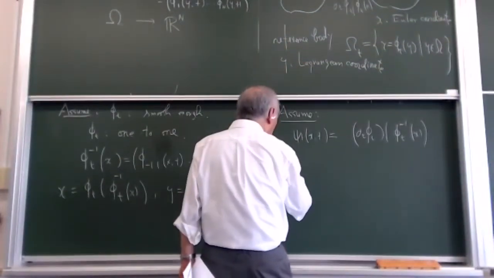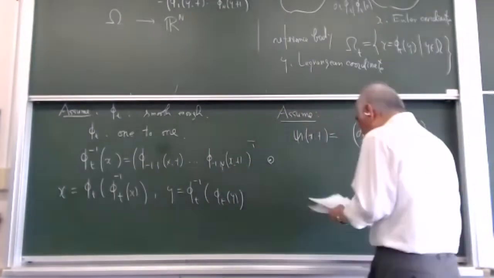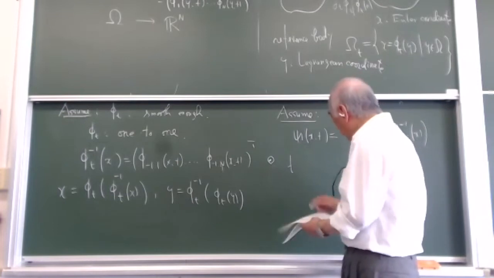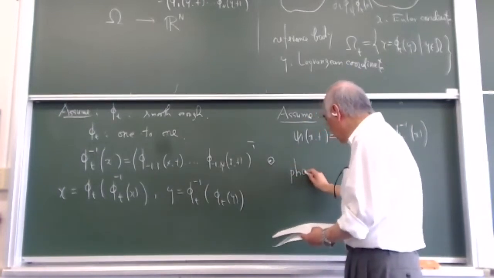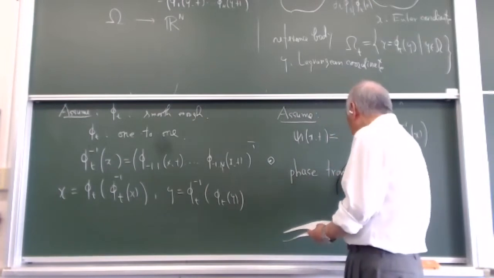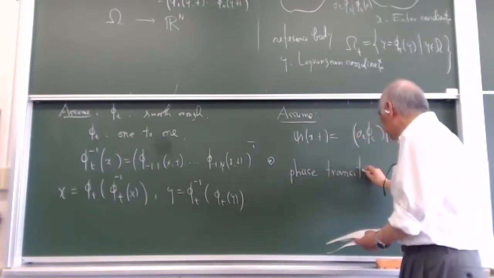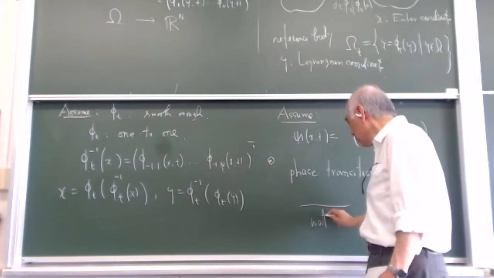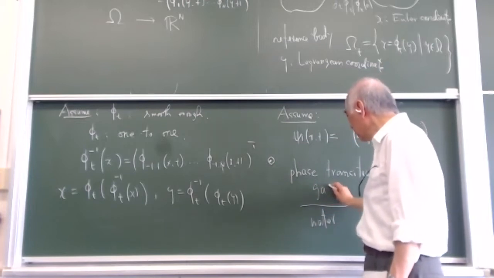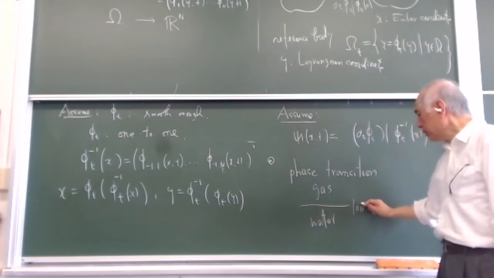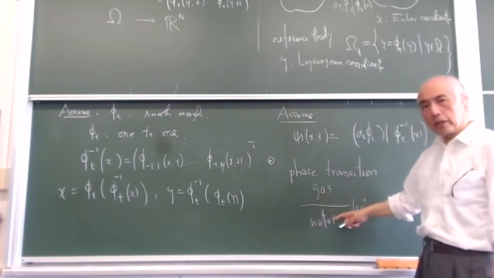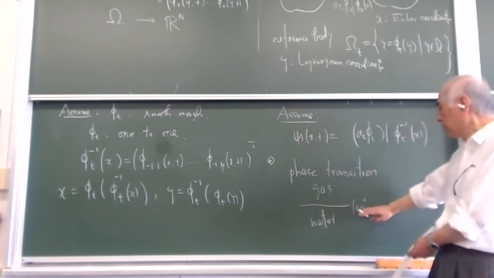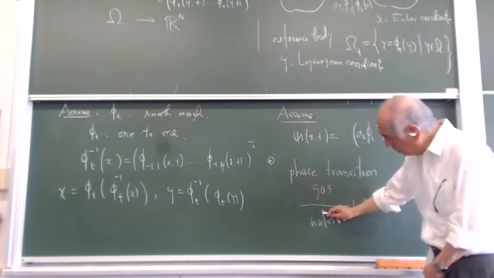But for example, if you consider phase transition. So, for example, here is water and some gases, 100 degrees. The water is going to be gases, and with a little decrease in the temperature, the gas returns to water.